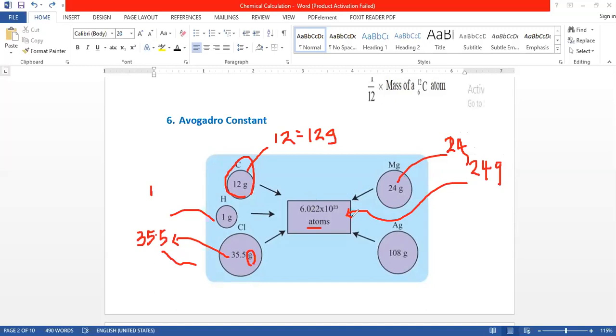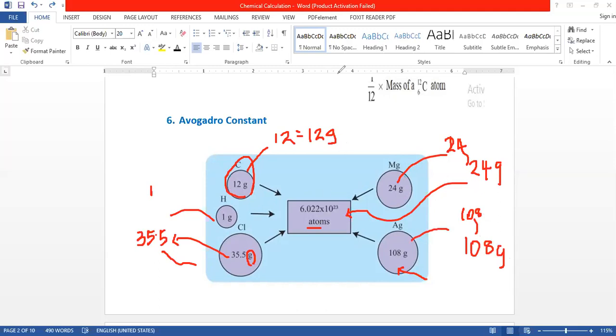Interesting one. See, argentum, we can call this one silver. The silver relative atomic mass is 108. So if you take 108 gram, then it will have 6.022 into 10 to the power 23 atoms.